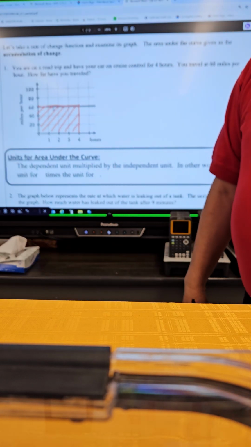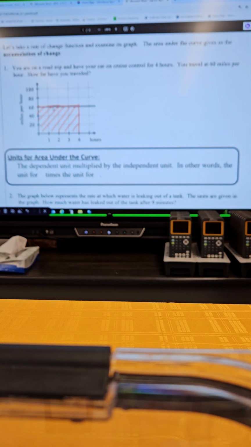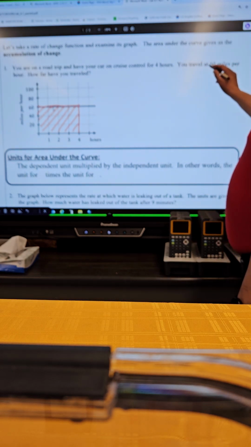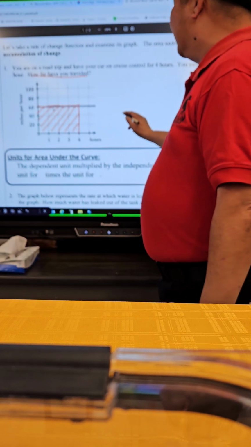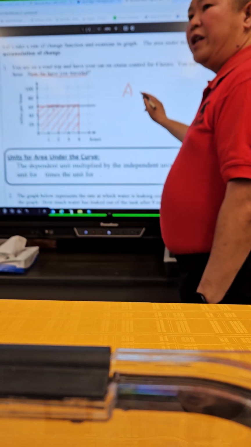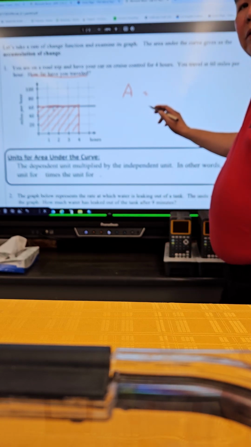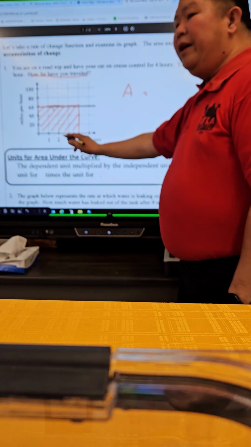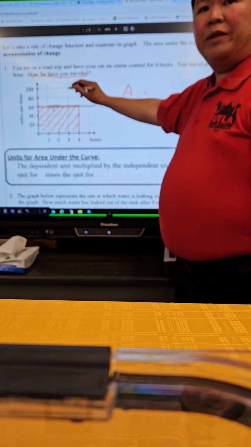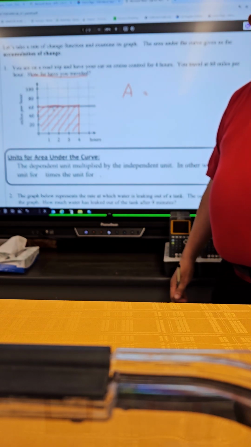So therefore, the question says, you traveled 60 miles per hour. How far have you traveled? That means area. Accumulation of change is equal to the length times the width, right? Or we say the hours times the miles per hour.